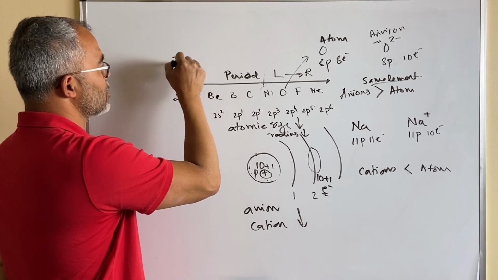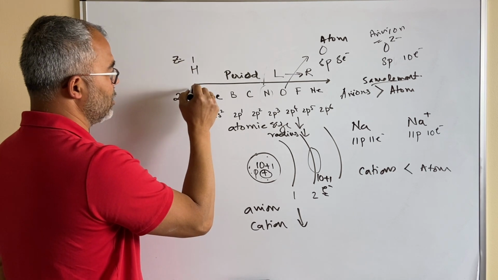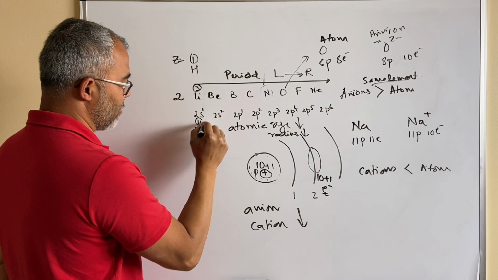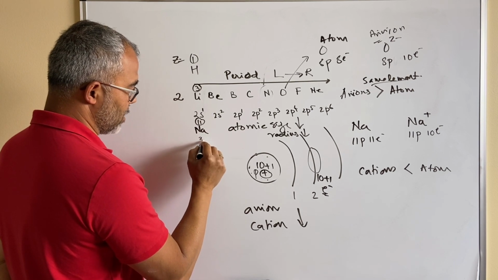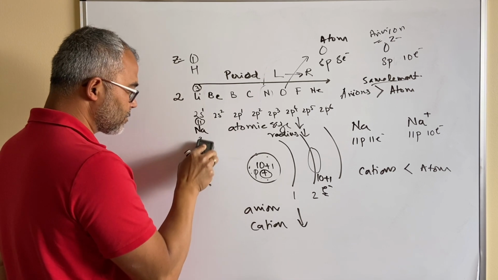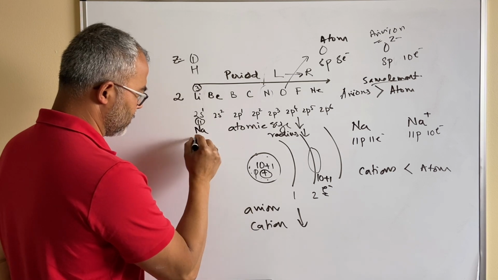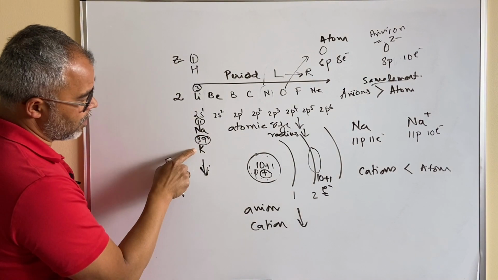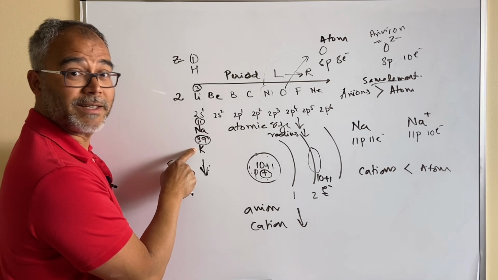The atomic number Z is 1 for hydrogen, for lithium it's 3, for sodium it's 11, for potassium it's 19. As you can see, the number of protons is increasing significantly.